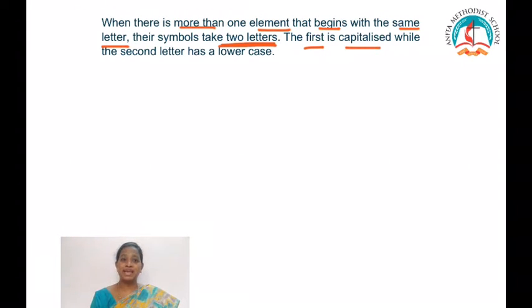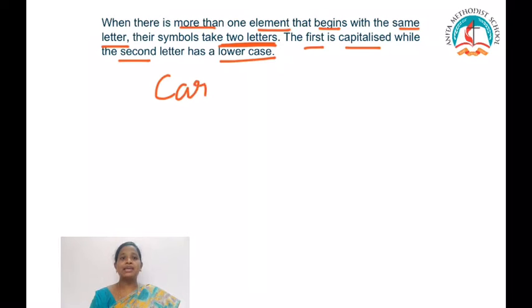Let me explain this with an example. The elements I have taken to explain are carbon and calcium. These elements have C as their first letter. So, if I want to assign a symbol for carbon, the first letter of carbon is C. So, capital C is the symbol of carbon.